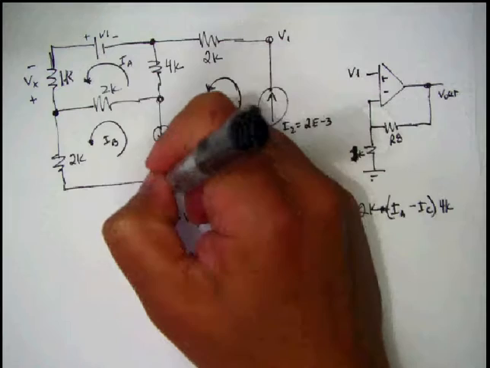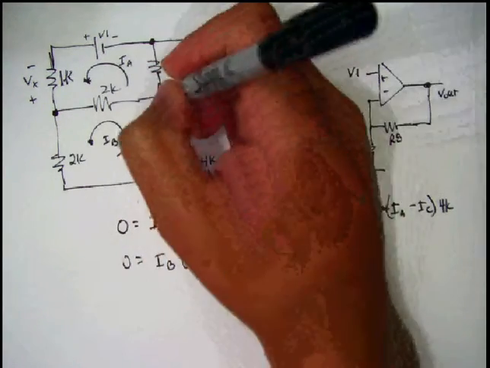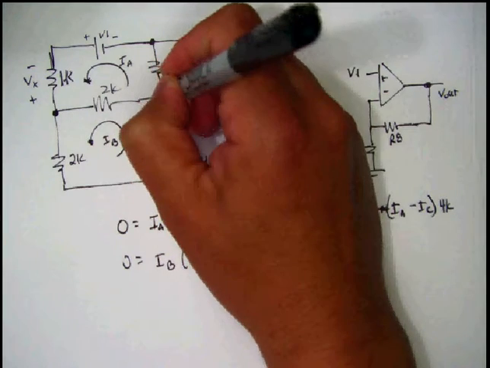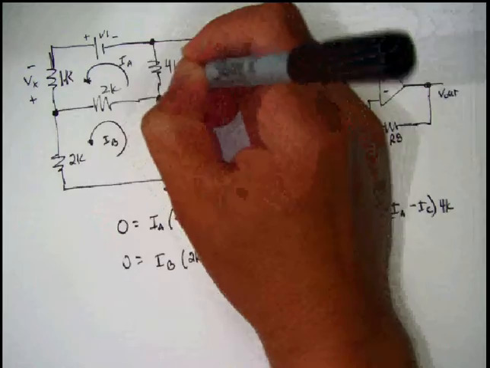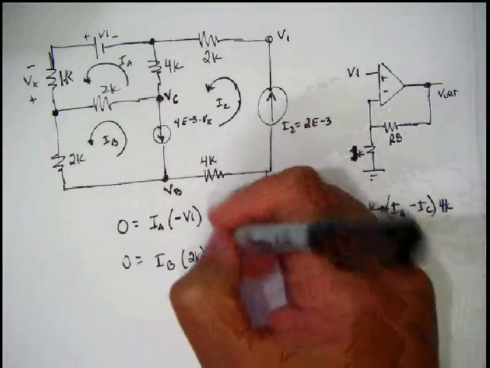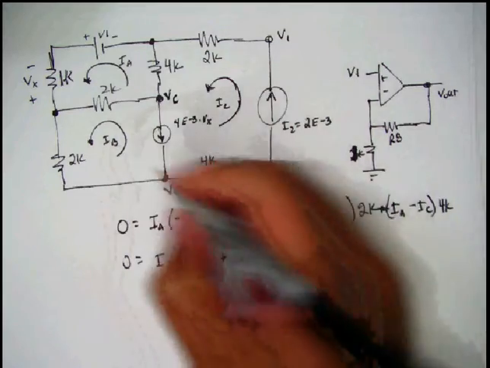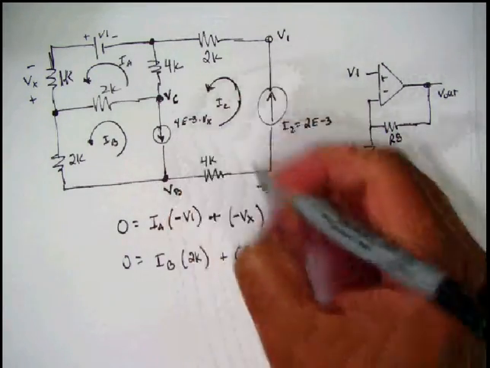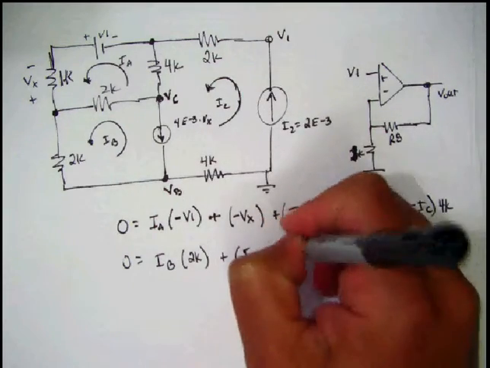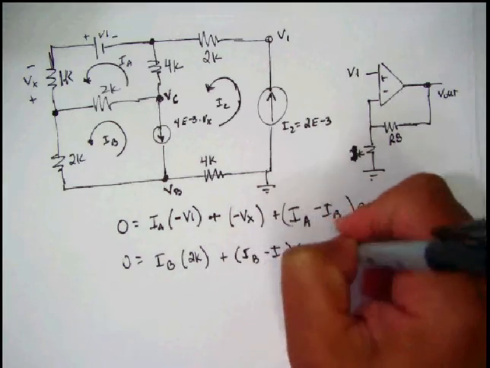So let's call this VB. Let's call this VC. So the drop here, we're going in that direction. So it's IB minus IC plus the drop, which is VB minus VC.